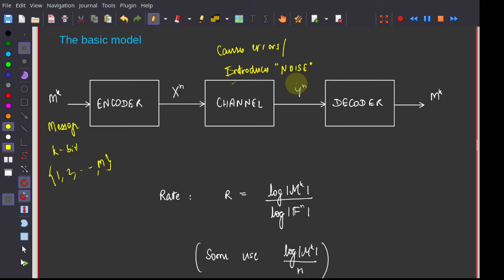So this noise could be different from what you think about when you think about noise, but in general it's an unreliable system over which I want to store something or I want to transmit something. So the goal is to convert this k-bit message into an n-bit sequence or n-symbol sequence. This is what I'll call a codeword.